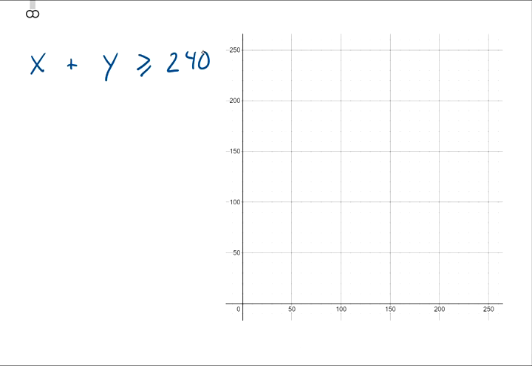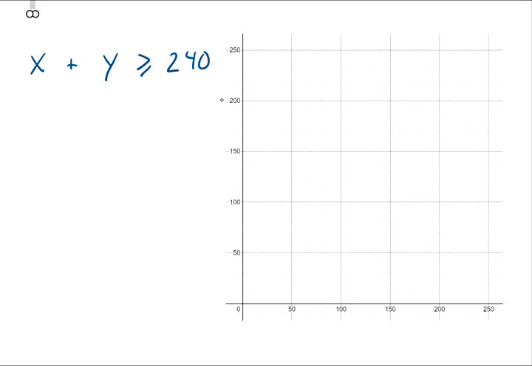So the way we've been graphing inequalities is to graph the line first, graph the equation, and then shade accordingly, either shade above or below. Well, we could graph this one by using the intercepts. So previously I was solving for y and using the slope, which we could do also.